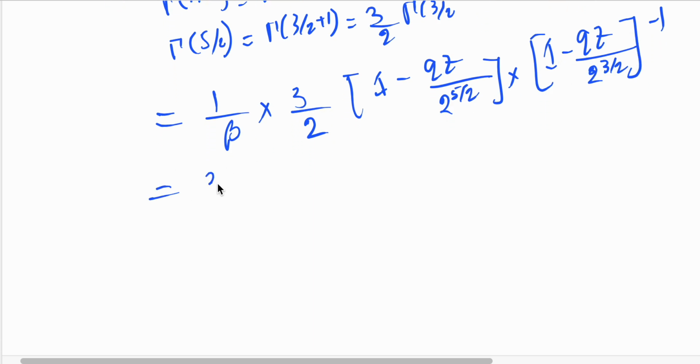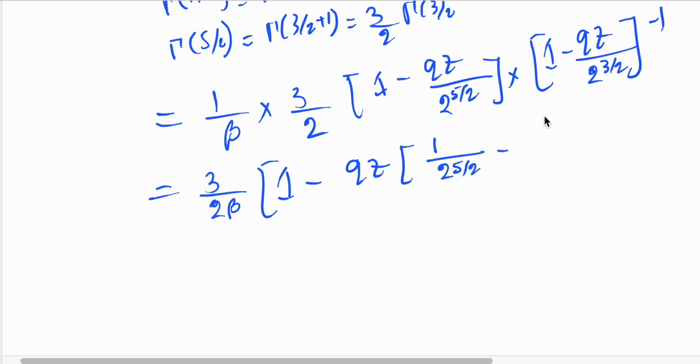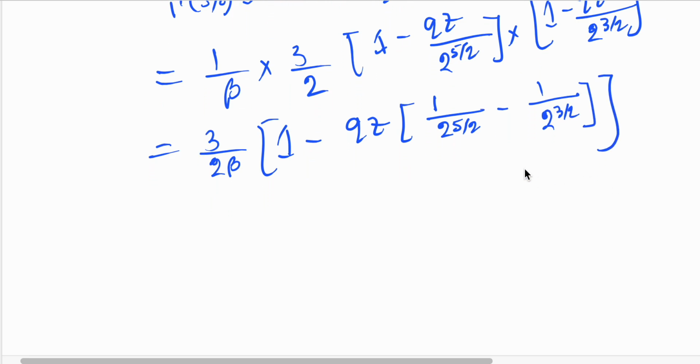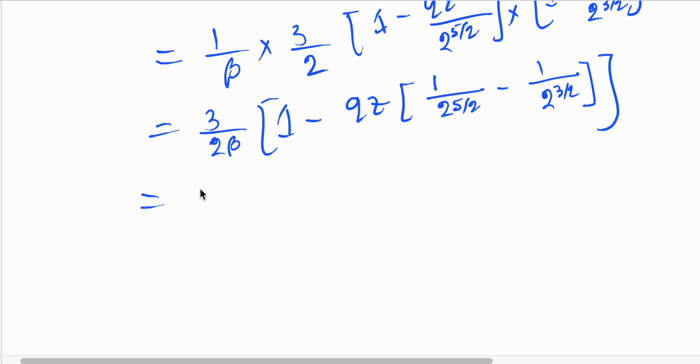We will get 3 by 2 beta times (1 minus qz) by 2 to the power 5 by 2 minus 1 by 2 to the power 3 by 2, right? Okay, so what we'll get is 3 by 2 beta plus 3 qz.